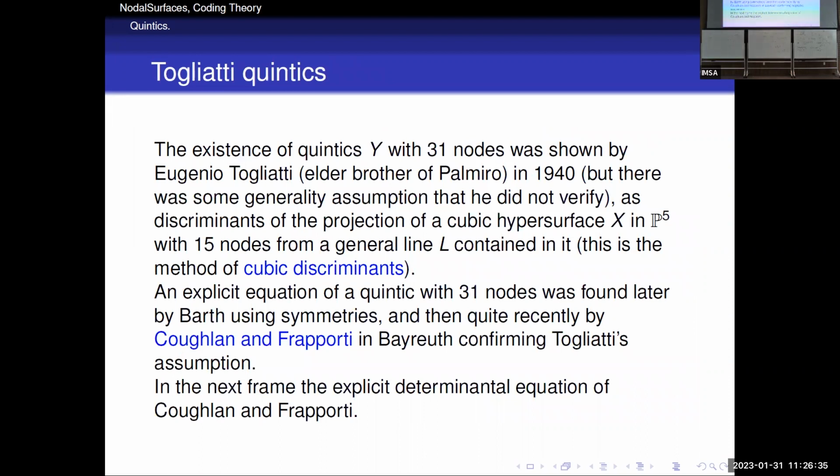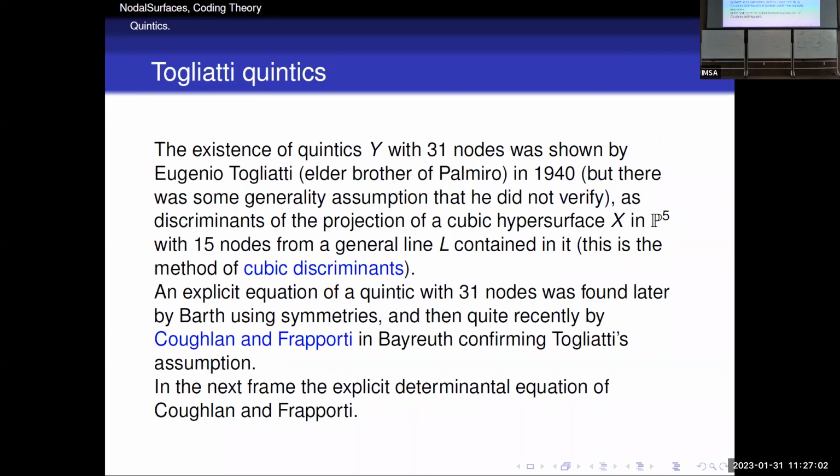That these surfaces with 31 nodes exist was proven in 1940 by Togliatti, and it was using an important method, which is the method of projections of cubic hypersurfaces from a linear subspace. In this case, you take a cubic hypersurface in P^5, which has 15 nodes, and then you take a general line containing it.